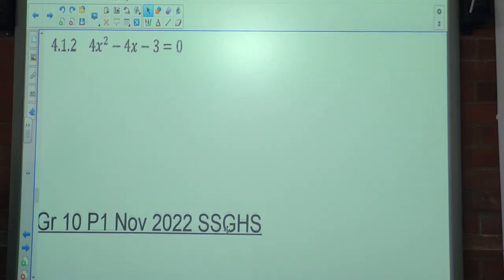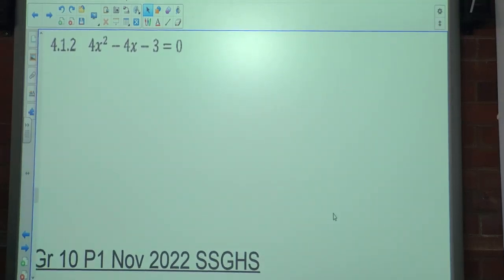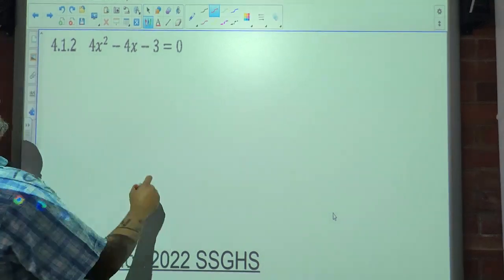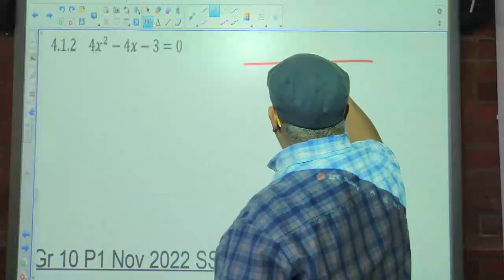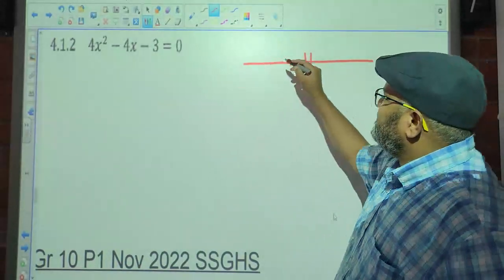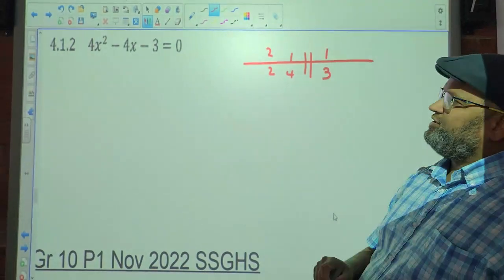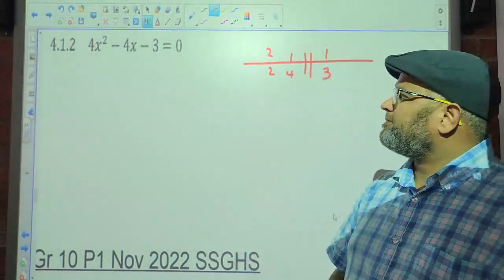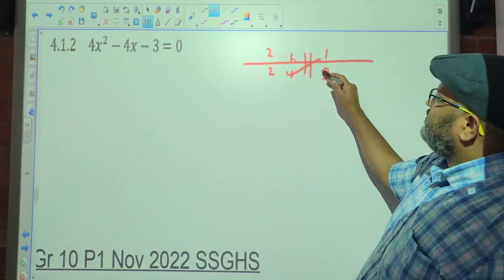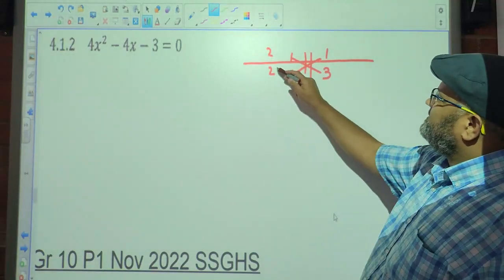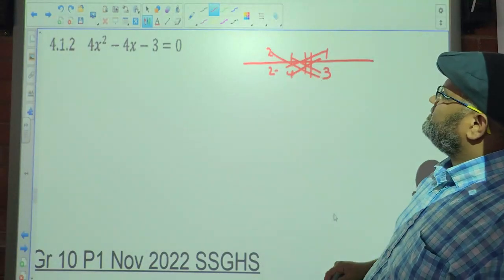Right, 4.1.2 people, what type of sum is this? Trinomial. Trinomial quadratic equation. So, product line. What goes on the line? 4, 1 and 4. And 2 and 2. 4, 3, 1 and 3. Do we add or subtract the products? Subtract them. So it's 4 minus 3 is 1. That's 6 minus 2? 4.